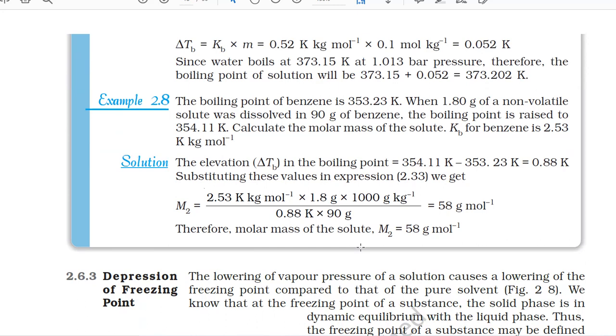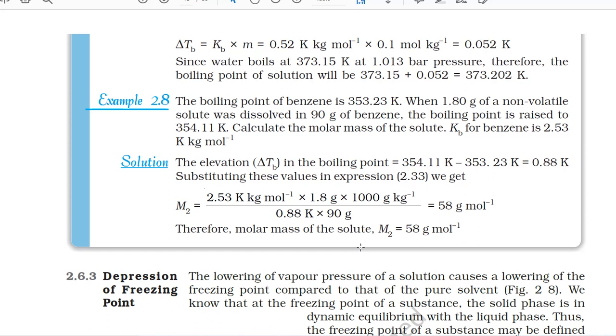Since water boils at 373.15 Kelvin at 1.013 bar pressure, therefore the boiling point of solution will be 373.15 + 0.052 = 373.202 Kelvin.